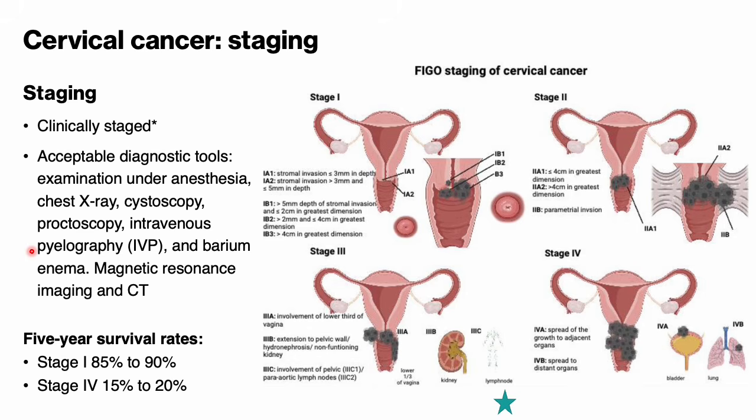But now we do have the ability to use some imaging, and we indicate that on our staging. So we put a little R next to the stage to indicate that it's radiographic staging. And then 5-year survival rates for stage 1 are excellent, and if it spreads to stage 4, it's not as good.